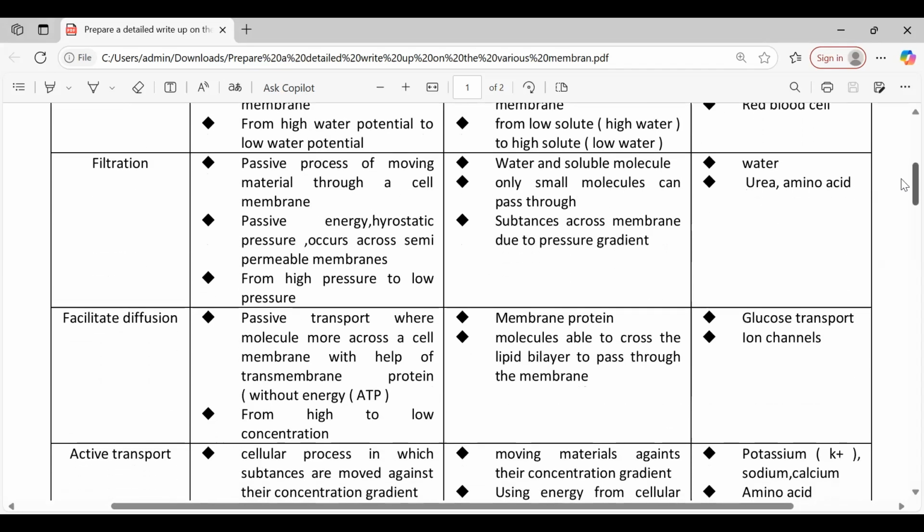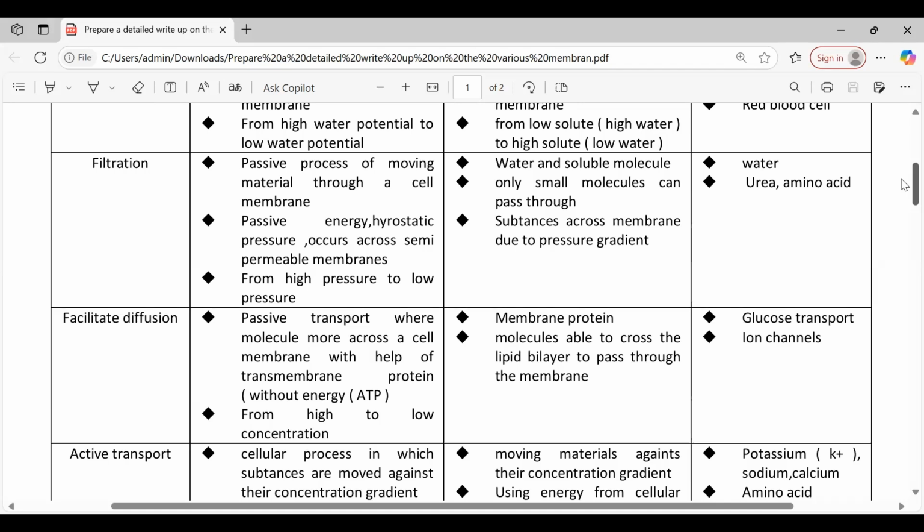Number 3 is filtration. It's a passive process of moving material through a cell membrane. It uses no cellular energy; high hydrostatic pressure occurs across semi-permeable membranes, moving from high pressure to low pressure.